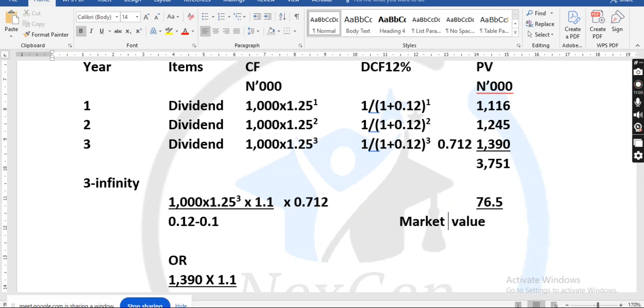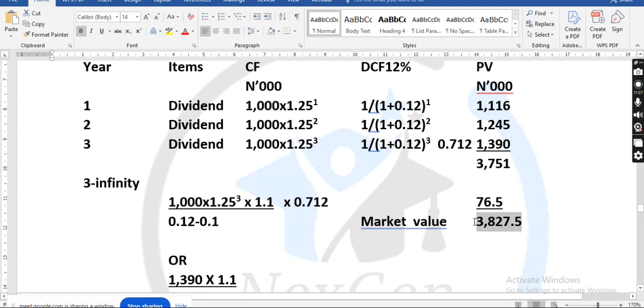Market value. So if you add 3751 and 76.5, what do you have? 3,827.5. So this is the market value of the business.